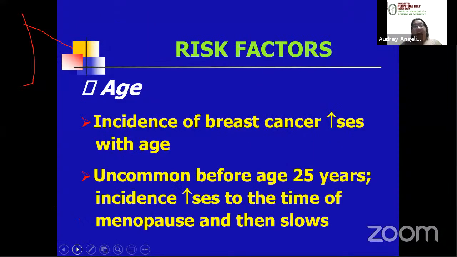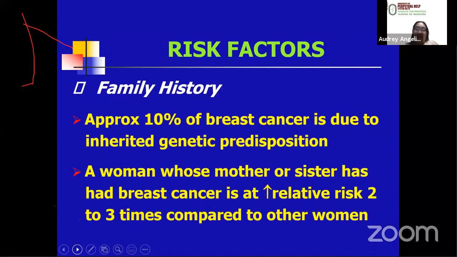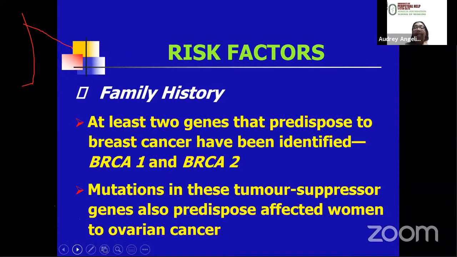Okay. Risk factors, of course, with any malignancy, we will consider age. Risk factor, family history. So 10% would have genetic predisposition, especially if you have a mother or a sister who has the disease. Okay? You have your genes, your BRCA1 and BRCA2.